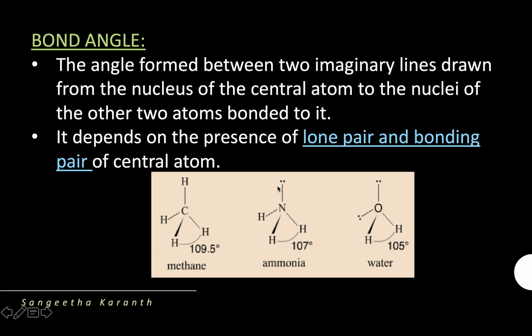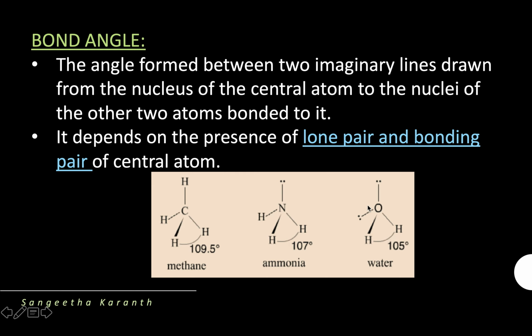Here there is one lone pair and three bond pairs. Here there will be one more type of repulsion, that is repulsion between lone pair and bond pair. Because of this, all the bond pairs will try to come closer to each other, because of which the bond angle will decrease from 109.5 to 107 degrees.